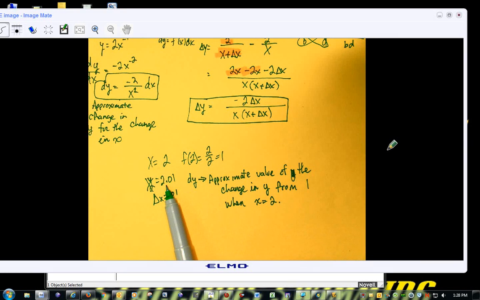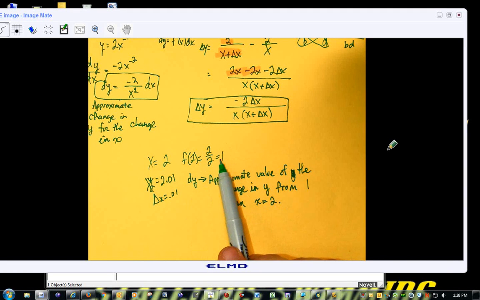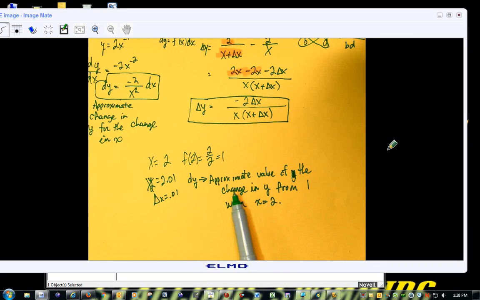Now, what dy gives us is that the 1 isn't going to be 1, it's going to be something different. When I figure out what dy is, it's going to give me an approximate value of what that change is.